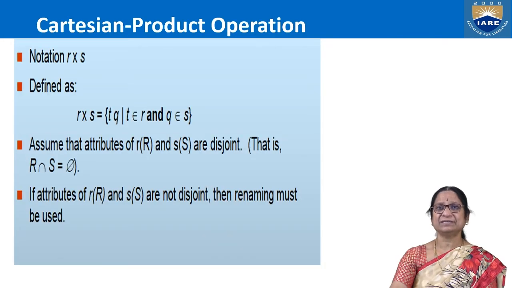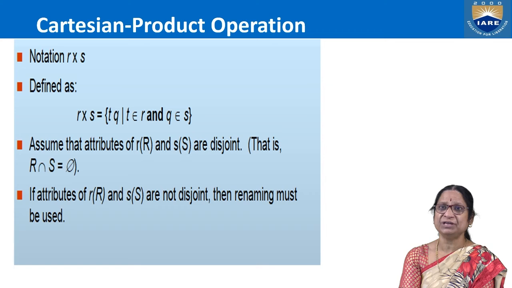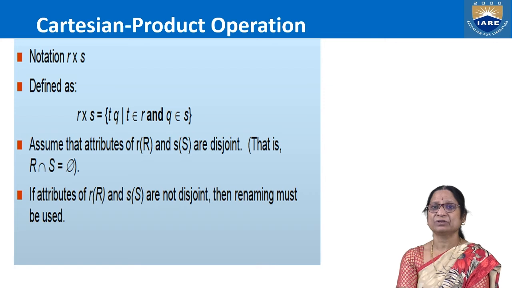It is represented mathematically as R cross S, and it is defined like this. It consists of the tuples in the form TQ, where T belongs to R and Q belongs to S. The structure of R cross S is the structure of relation R plus the structure of relation S, that is, concatenation.